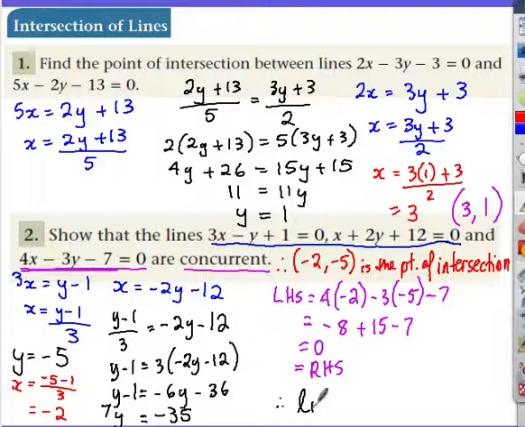Therefore, the lines are concurrent. We substitute the point into the left-hand side of the equation of the third line to see if it equals the right-hand side of the equation.